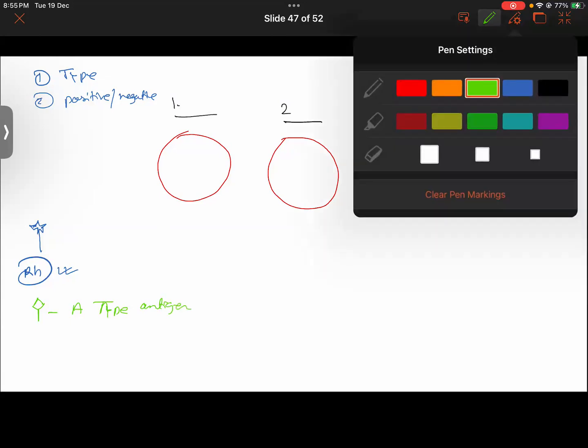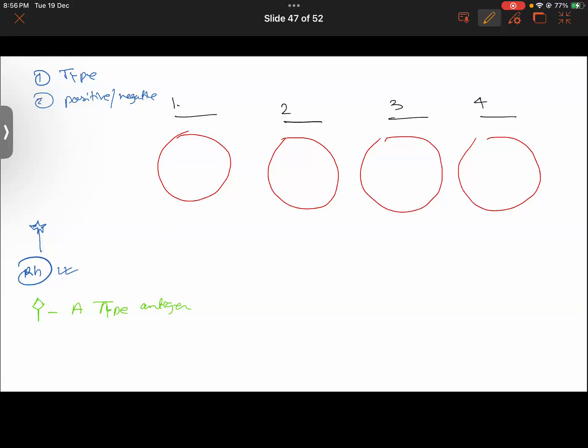Sir, but in the picture it was written that it was B antigen, right? Yes, look here. It is just a sign convention. Any shape could be drawn. It has nothing to do with the shape or color. It is just for convenience. I could have any color, anything.